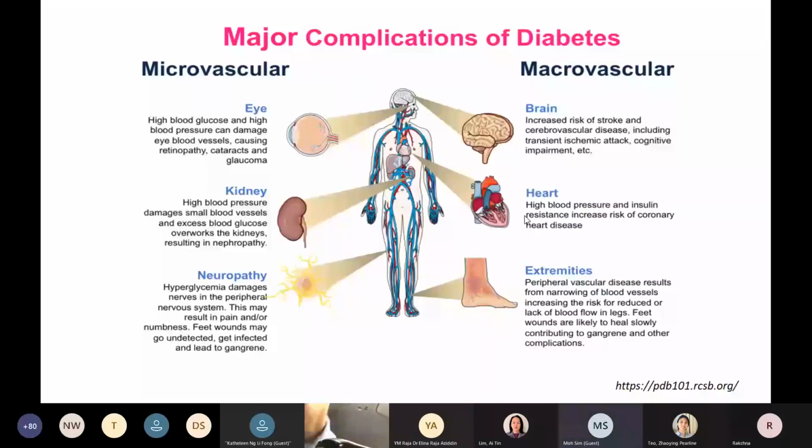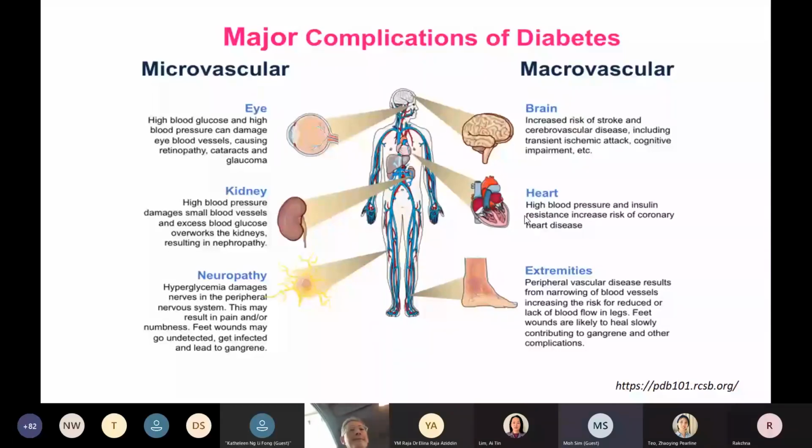The hyperglycemia causes retinopathy, cataracts, and glaucoma. Microvascular complications also include kidney disease, chronic kidney disease, and nerve damage.